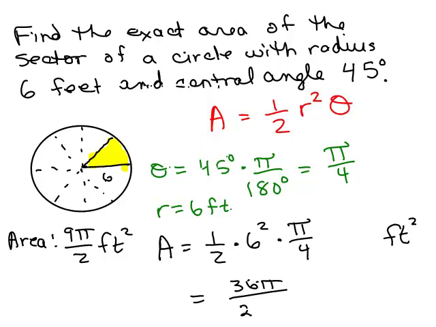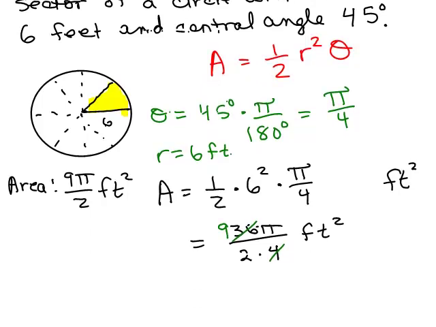I'm just going to write that as 2 times 4. I know that I'm only going to be able to cancel the 4 into here, and that'll give me a 9. So look what happens. I get exactly the same answer. See, what I have left is, because this is a 1 here, right, the bottom, I have 9 times pi over 2. Same thing. 9 pi over 2 square feet.